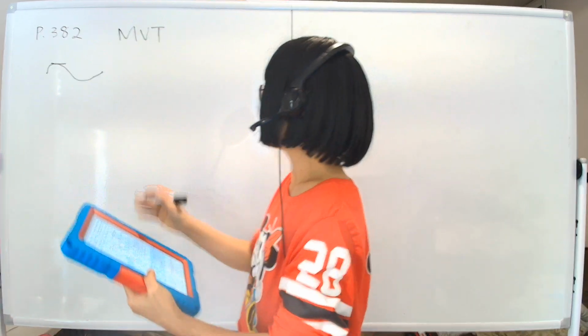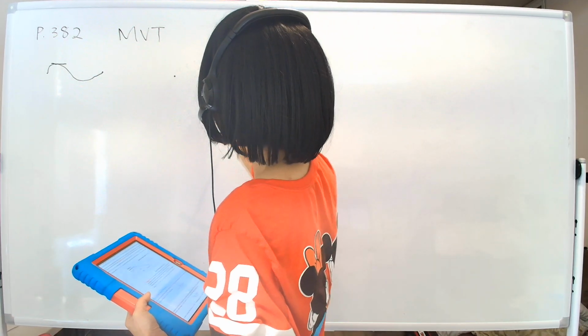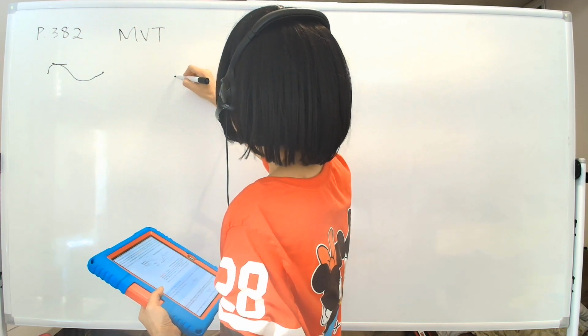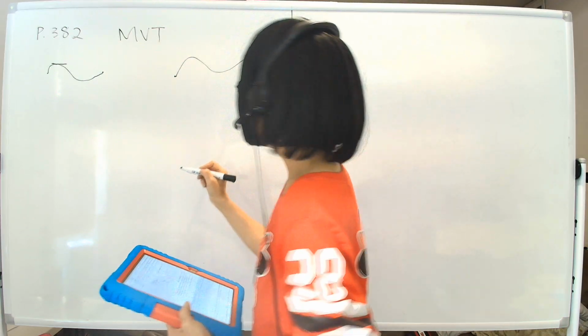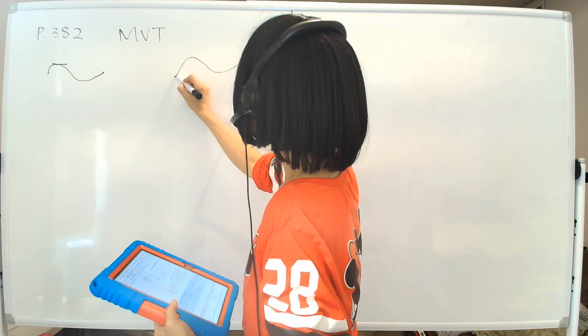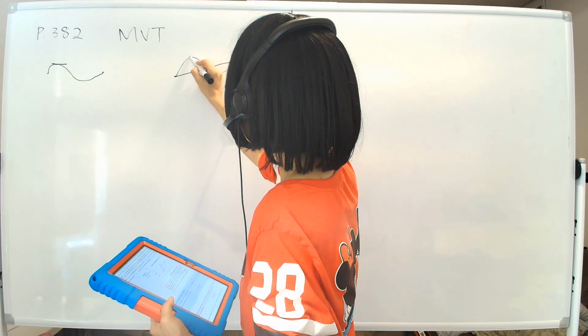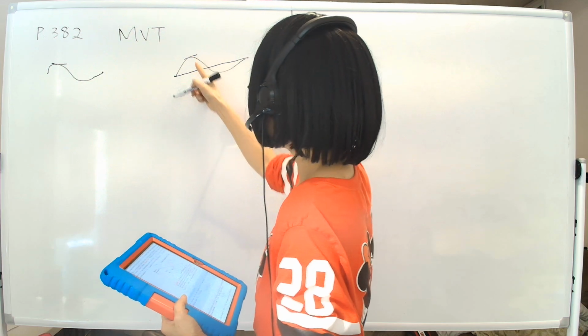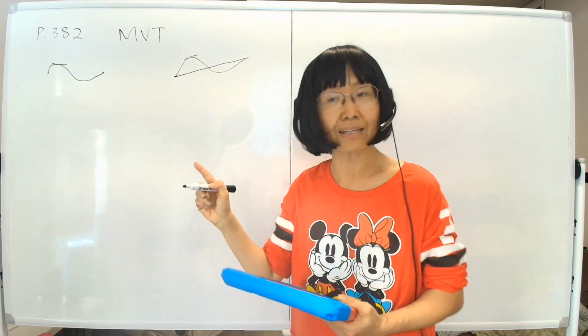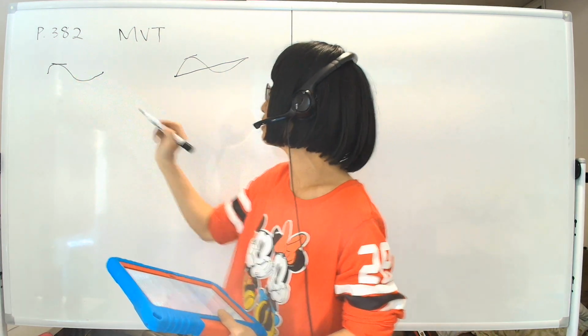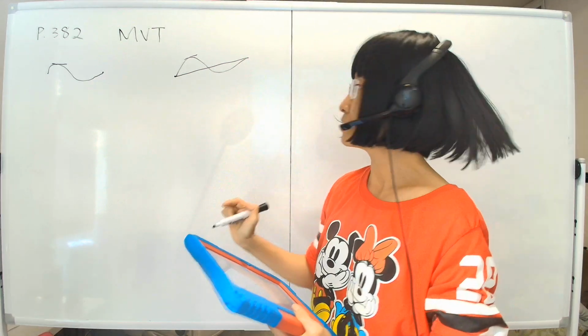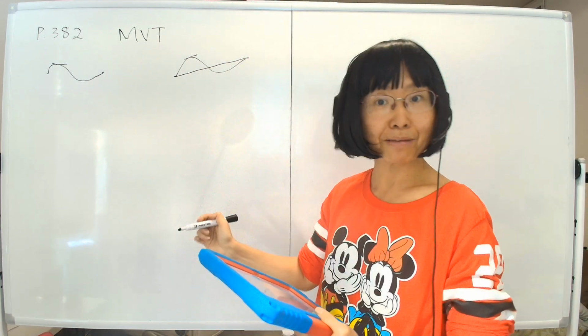Now the mean value theorem says if you have a function that doesn't end up in the same spot, well, then what? Then you draw a line here, and you will have a point where the slope is the same as the line that connects the front and the back. In other words, it's the same thing as this one, except tilted somewhat, but it's the same concept.